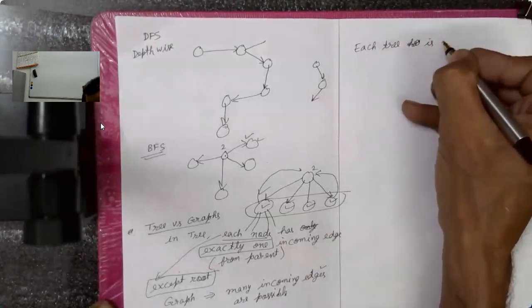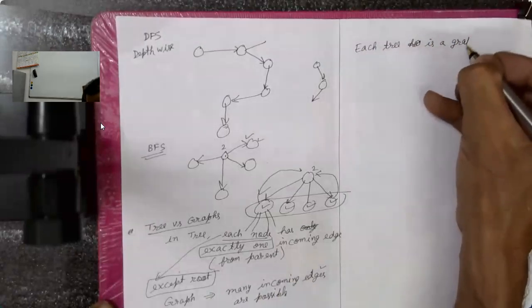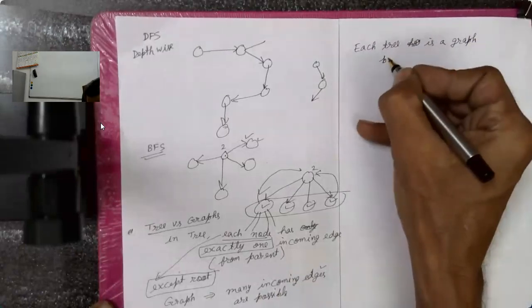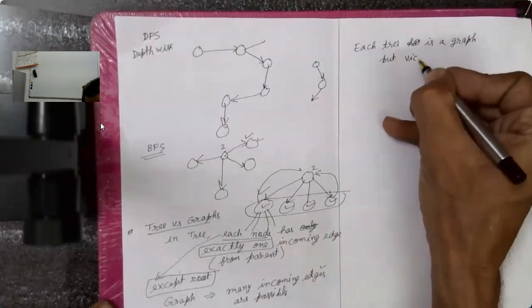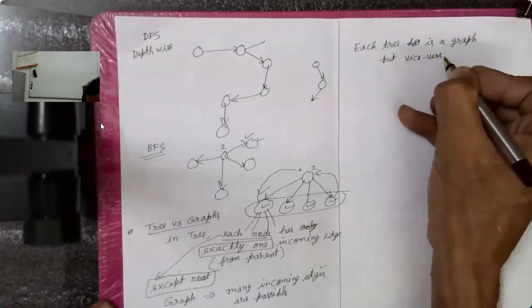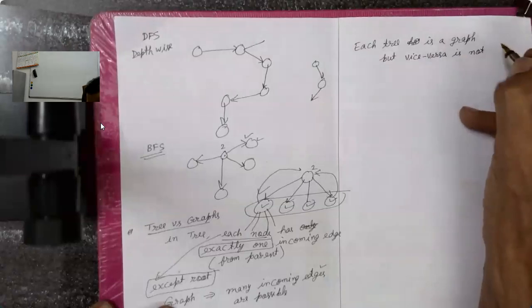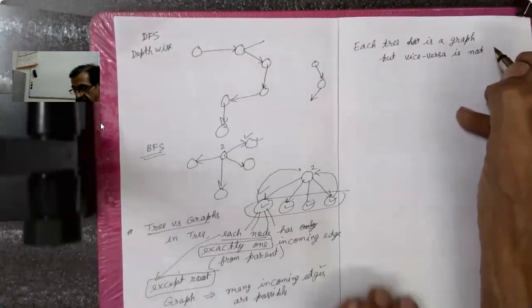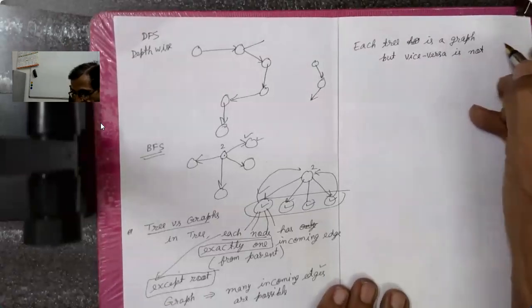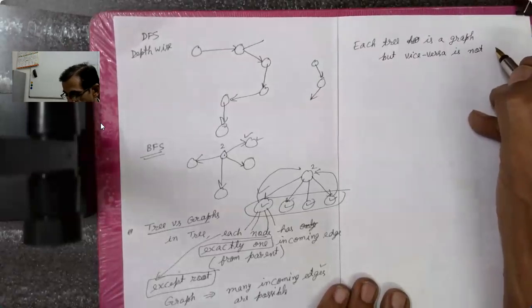So each tree is a graph guaranteedly, but vice versa is not true. Reverse might not be true, because each graph might not be a tree, because the tree needs for each node only one parent to exist.